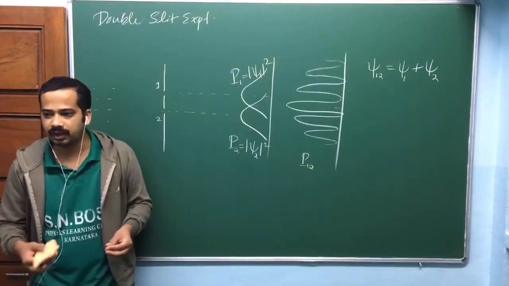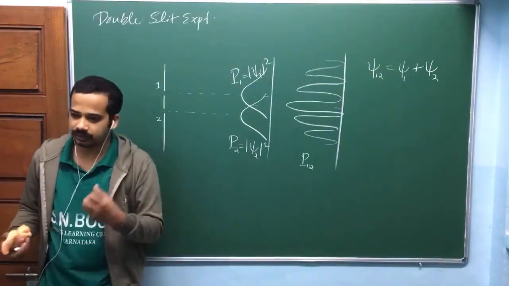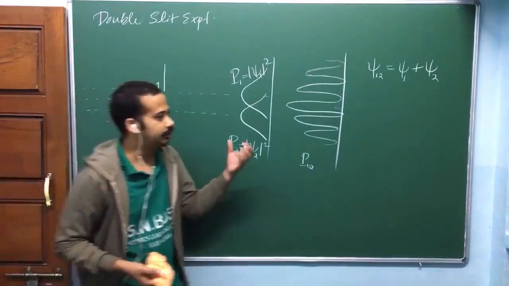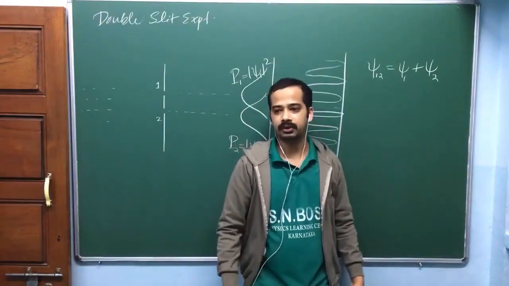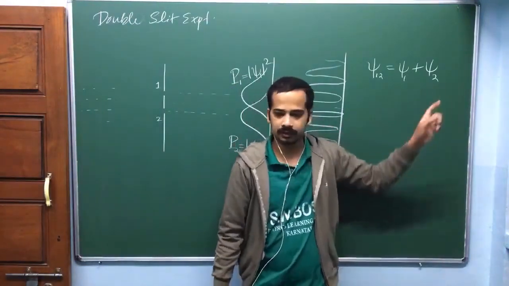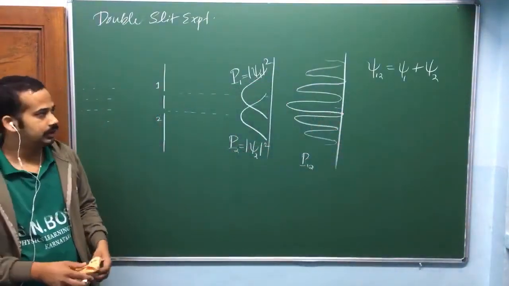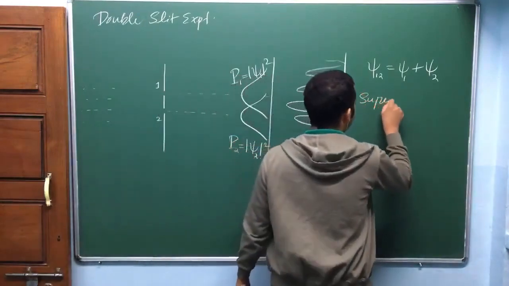I am not feeling comfortable with that. How can one be superposed with itself? That itself is unconvincing. So if you are worried about the word superposition state, you go for linear combination state, because these are linearly combined. That's what we use in linear algebra. So we call this the superposition state.